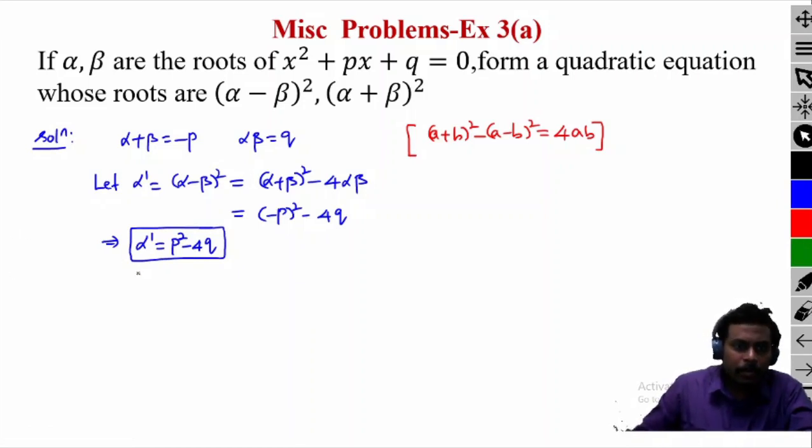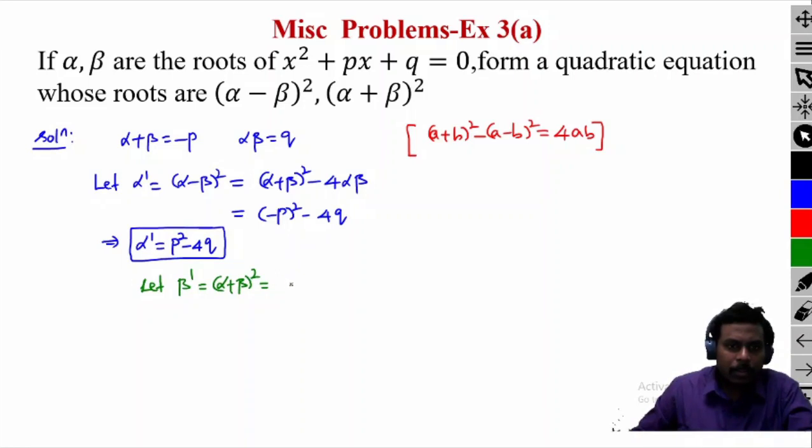Okay, now let us find out. Let beta dash be equal to alpha plus beta whole square. Anyway, this is a known quantity. This is going to be minus p whole square.